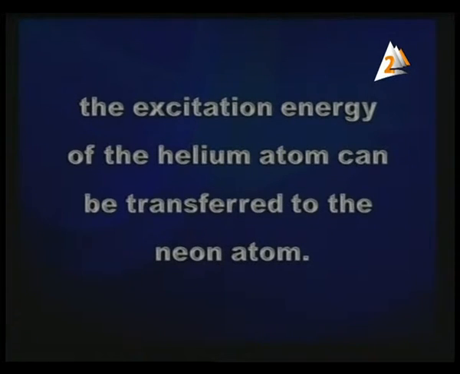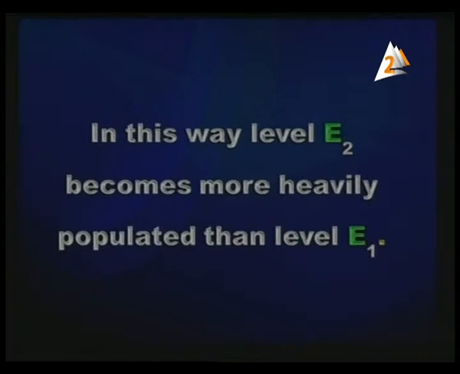The excitation energy of the helium atom can be transferred to the neon atom. In this way, level E2 becomes more heavily populated than E1. We call this a population inversion situation, which is very essential for stimulated emission to be predominant and to obtain laser.